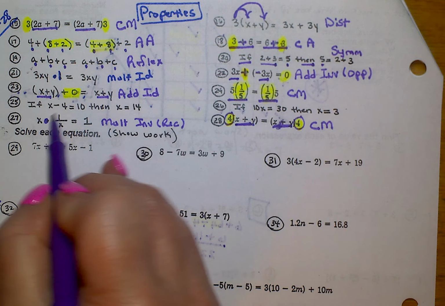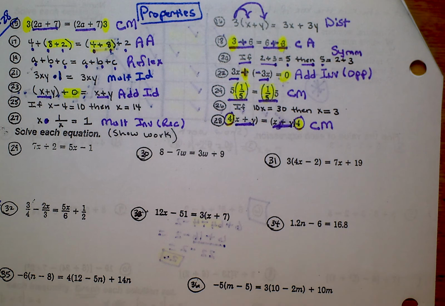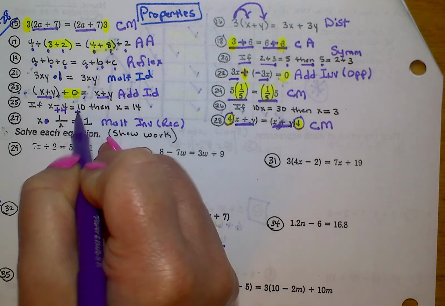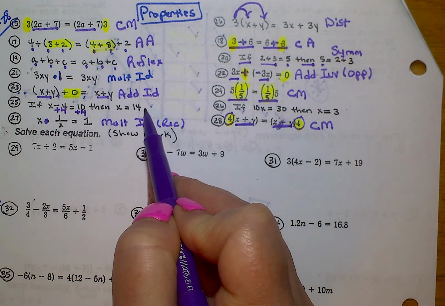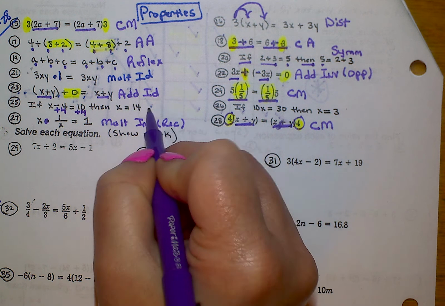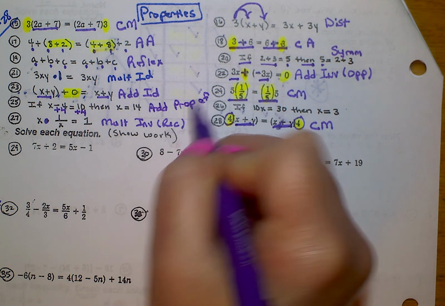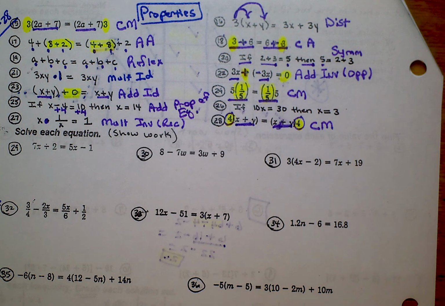If you have an if and a then and it's actually solving an equation, you have to ask yourself what they have done to solve that equation. So right here, they would be adding 4. So 10 plus 4 would be 14. So that would be your additive property of equality.